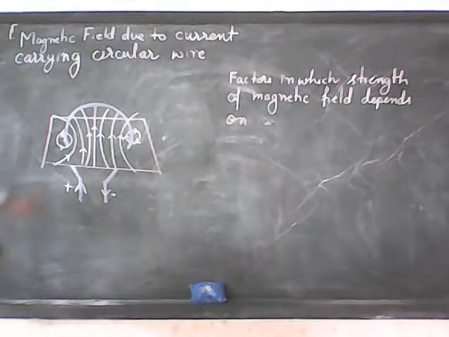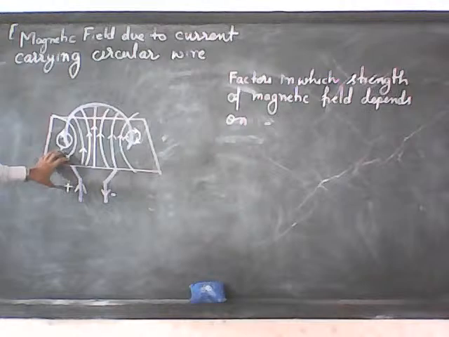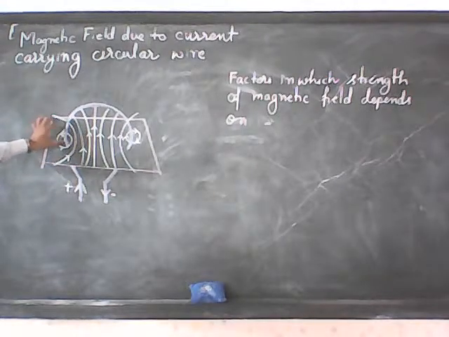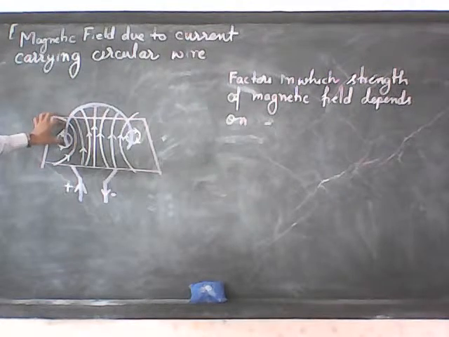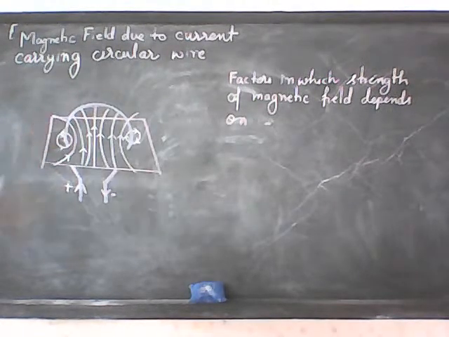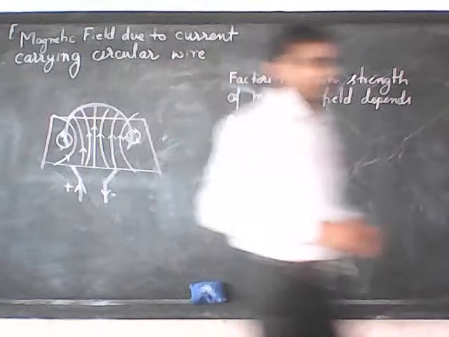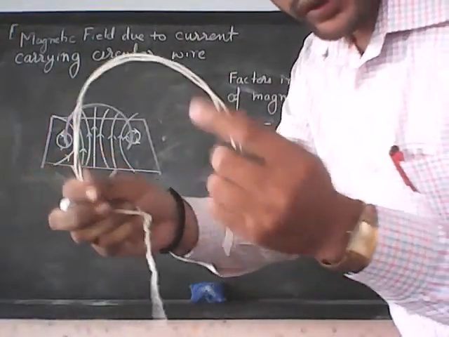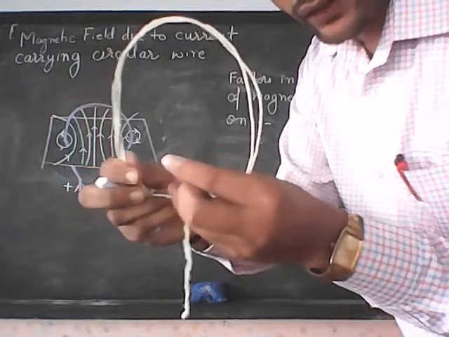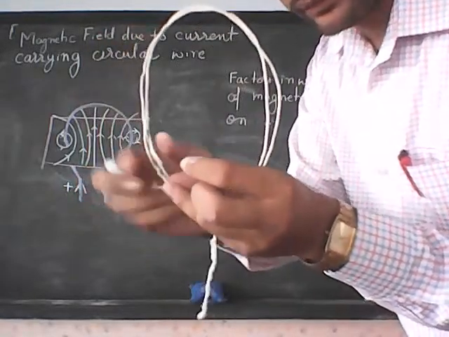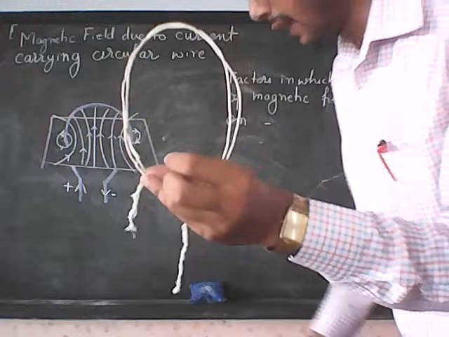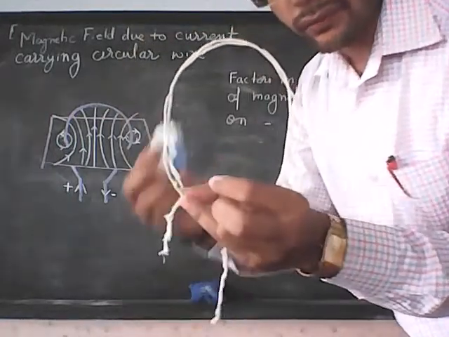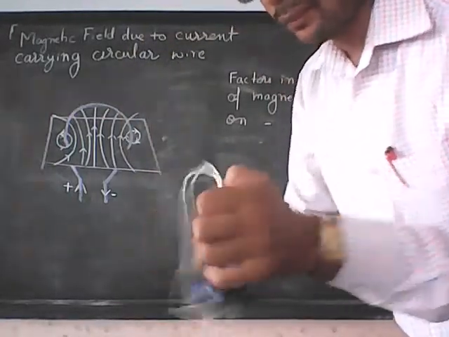To understand this, we can take a small length or part of this wire. Suppose this is the wire in the form of a circle, and we can connect it to the source like this.